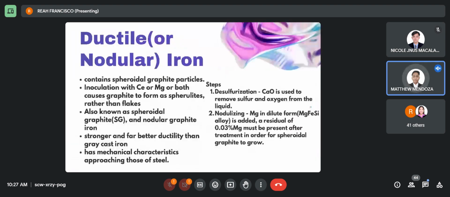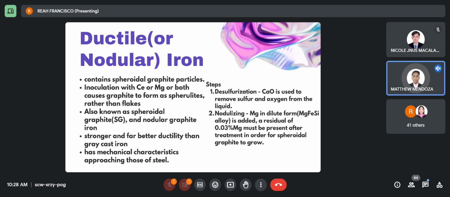Going to the second type of cast iron, the ductile or nodular iron. So the ductile or nodular iron contains spheroidal graphite particles. Inoculating with cerium or magnesium or both causes graphite to form as spherulites rather than flakes.